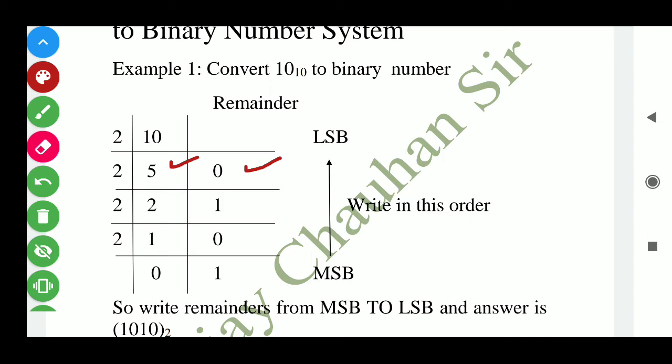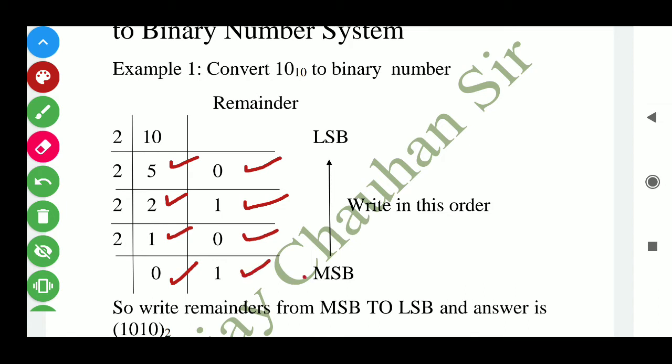So 2 2s are 4, write the quotient 2 here and remainder is 1. Then again divide this 2 by 2. So 2 1s are 2, quotient is 1 and remainder is 0. Okay students, now 2 goes into 1 zero times and the remainder will be only 1. So write 1 there.